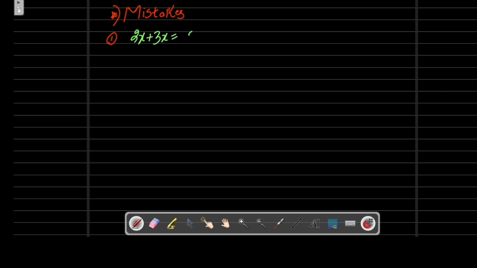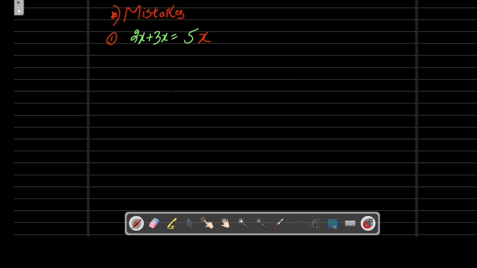This is the first common mistake that students make, that they write the answer of 2x plus 3x as just 5, and they forget to write the variable x. This is a common mistake.